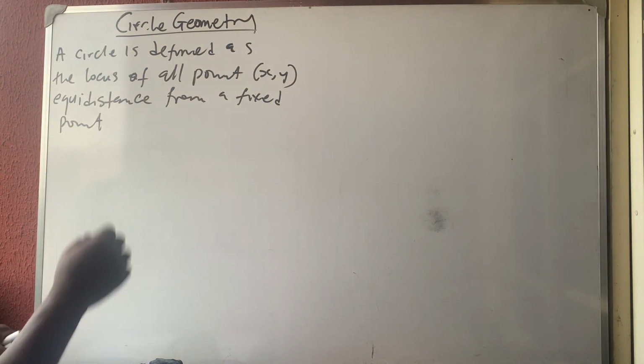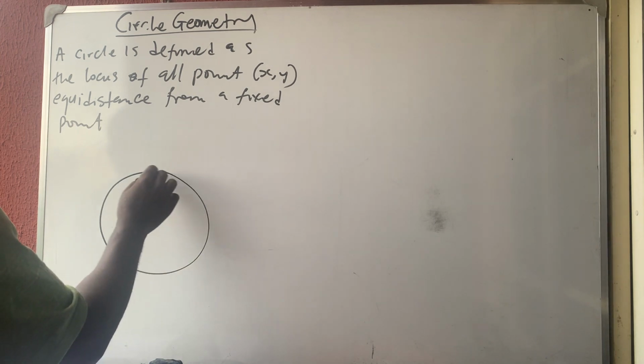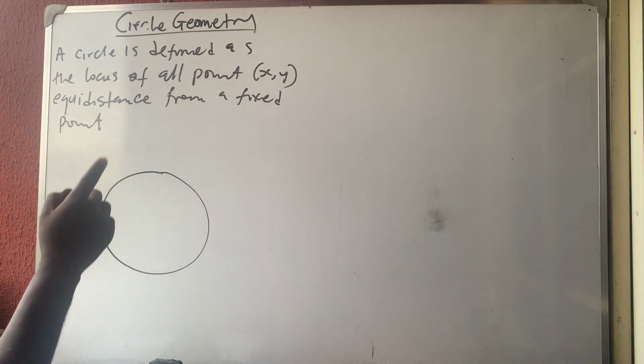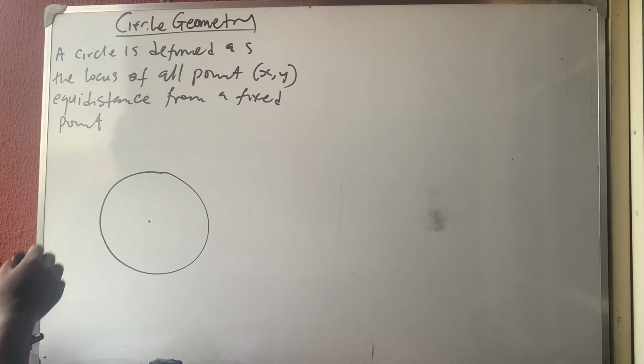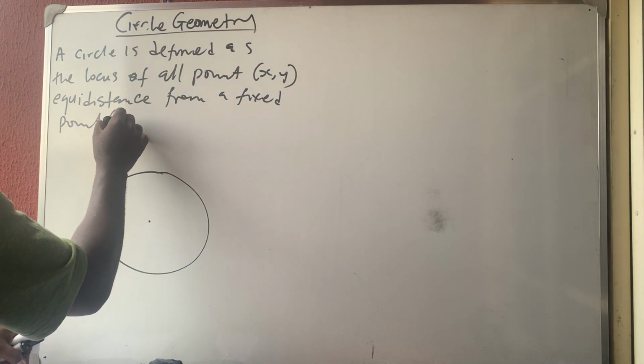What do I mean by that? If you have any shape that is round like this, that shape is a circle. The fixed point is called the center of the circle.